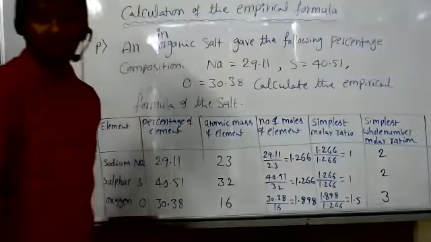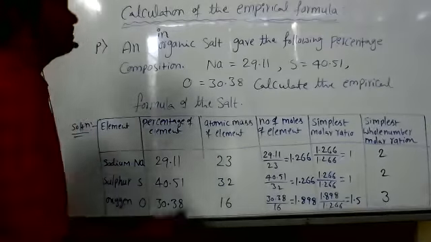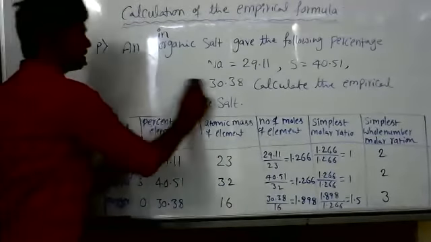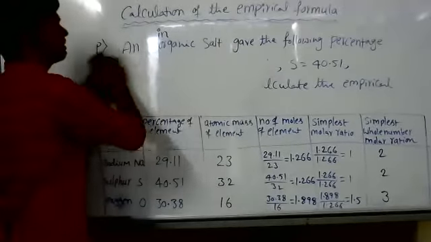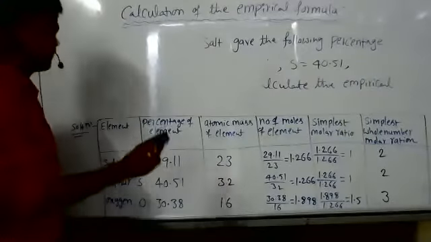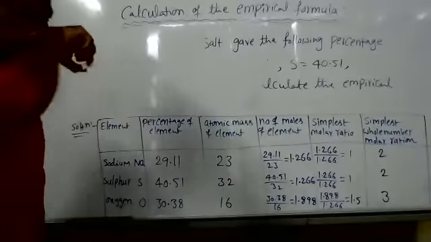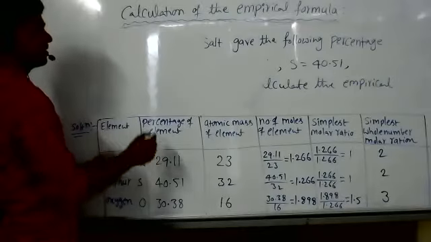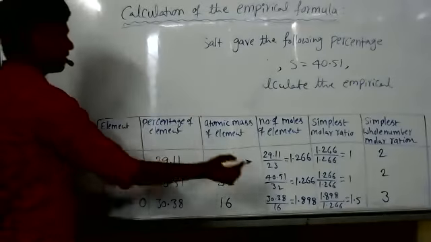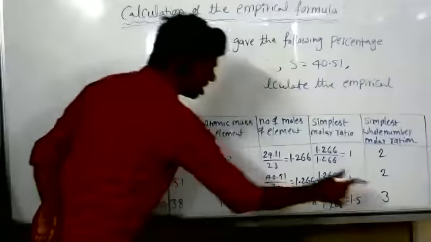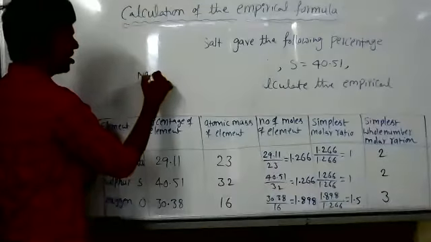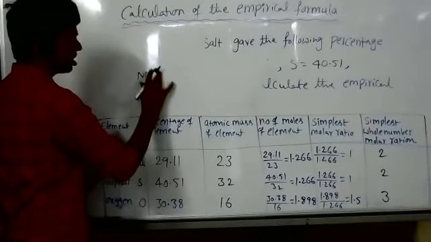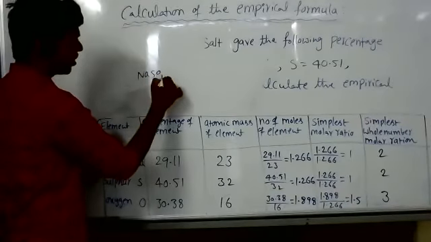In a molecule, we don't write any element in fractions. So why can't we round off 1.5 to 2? There is so much difference there. That's why we proceed to the simplest whole number ratio. If you stop here, the formula would be NaSO1.5.